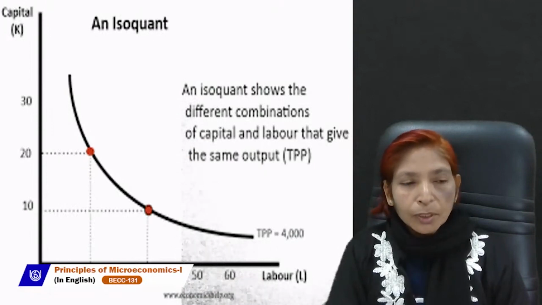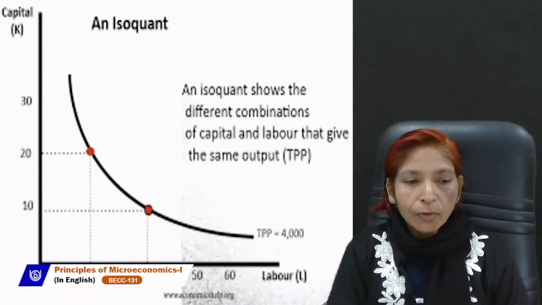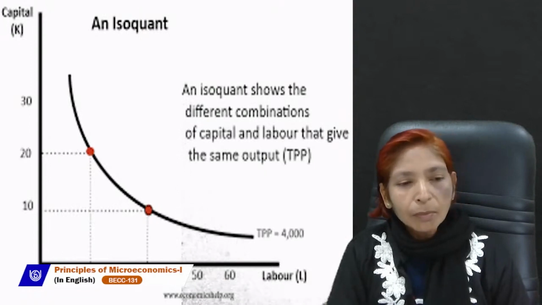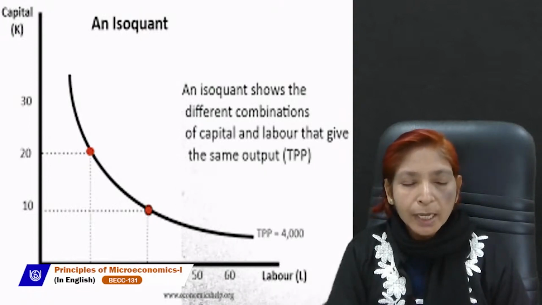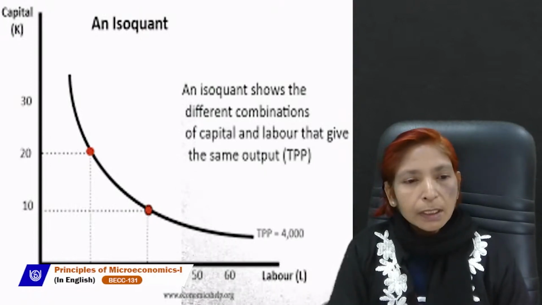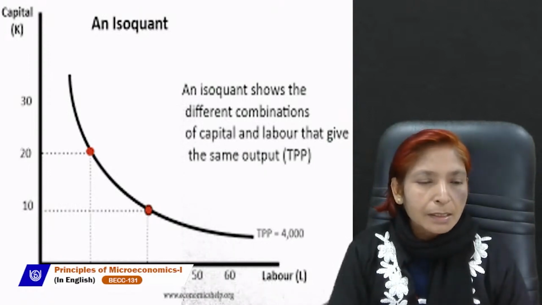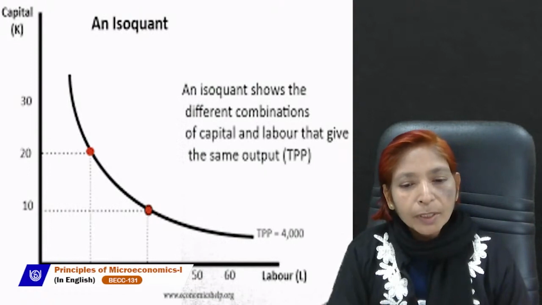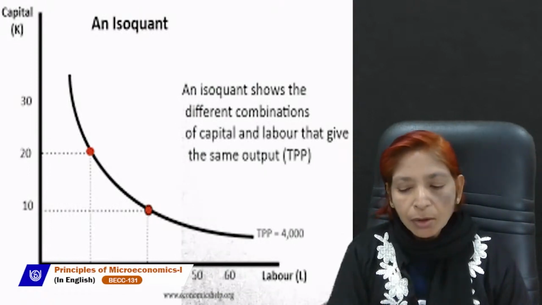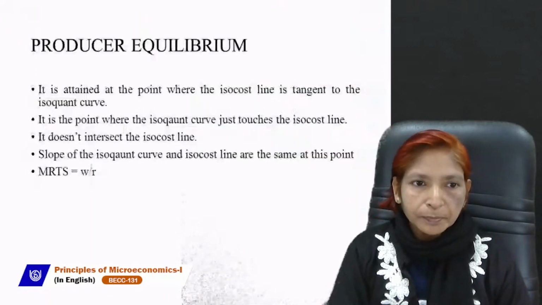For example, total physical product was 400, 400, 400, 400 at combination A, or B, or C, or D. If we choose any combination of these two factors of production, the output will remain the same. In that case, the isoquant curve will be convex to the origin or a downward sloping curve.